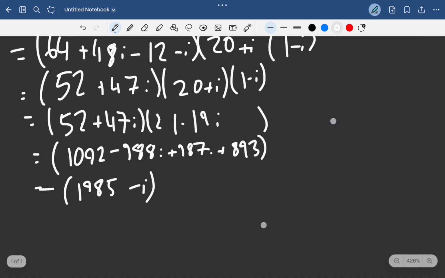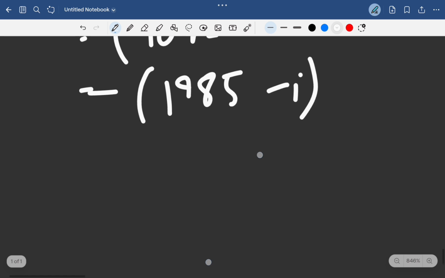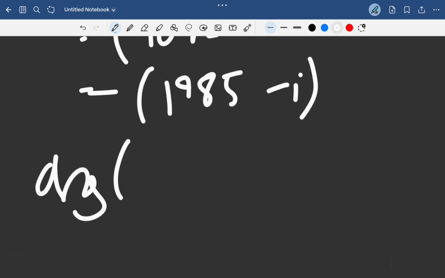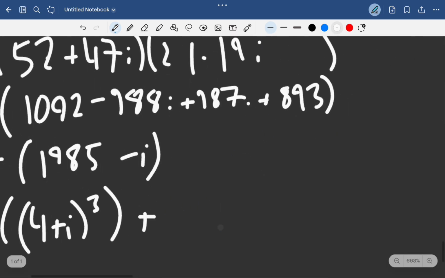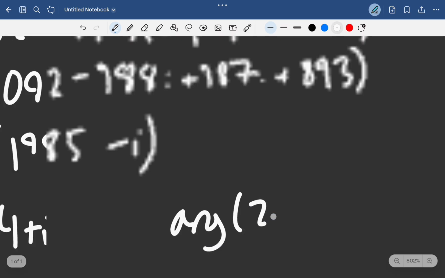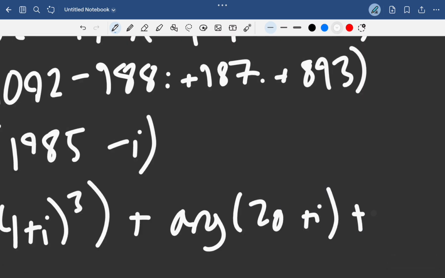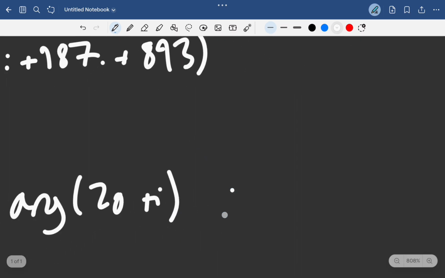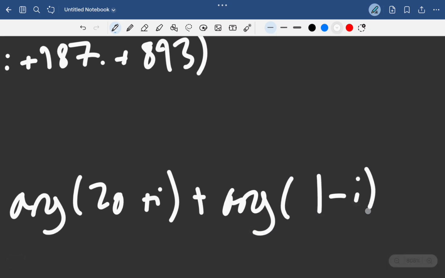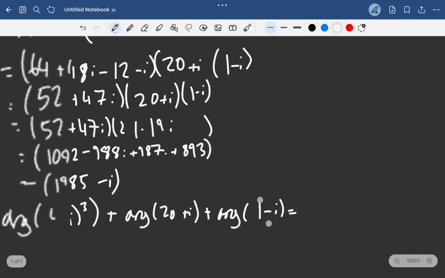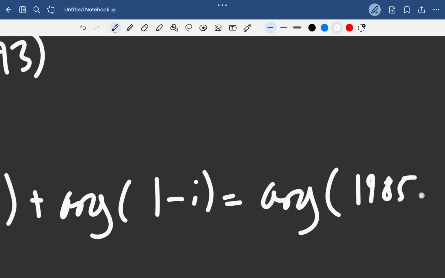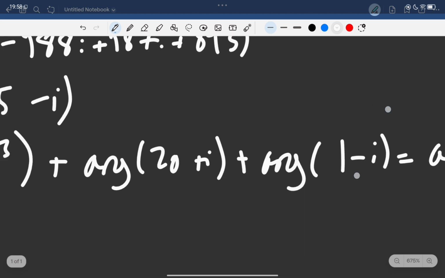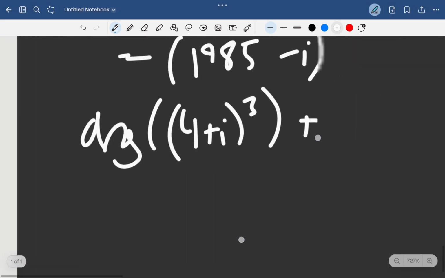So taking arguments of both sides, we have that the argument of 4 plus I cubed plus the argument of 20 plus I plus the argument of 1 minus I is going to be equal to the argument of 1985 minus I. So now all we need to do is find the argument.